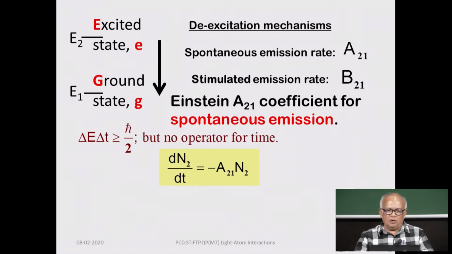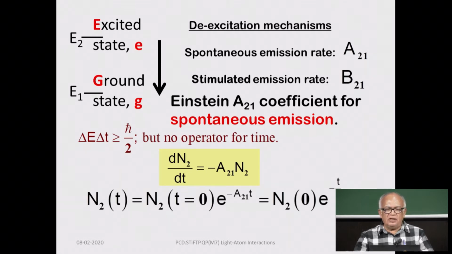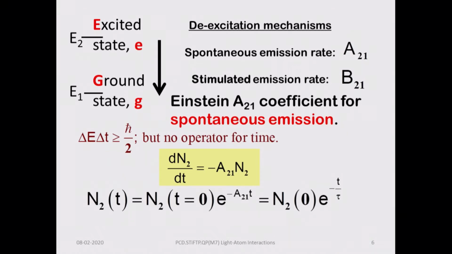The proportionality is the coefficient which is called the Einstein A21 coefficient for spontaneous emission, and the solution obviously would be an exponential solution as you have in nuclear decay or whatever. It is the same kind of relationship, and you can define radiative lifetime, radiative because a quantum of radiation is emitted during this transition.